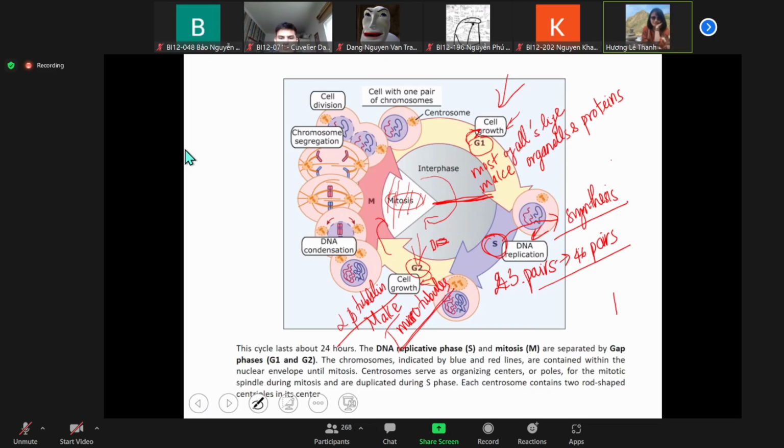That's the difference. And that's why the cell spends most of its life in G1 of the interphase, but G2 is very short. You can see the ratio here: long in G1 and very short in G2.